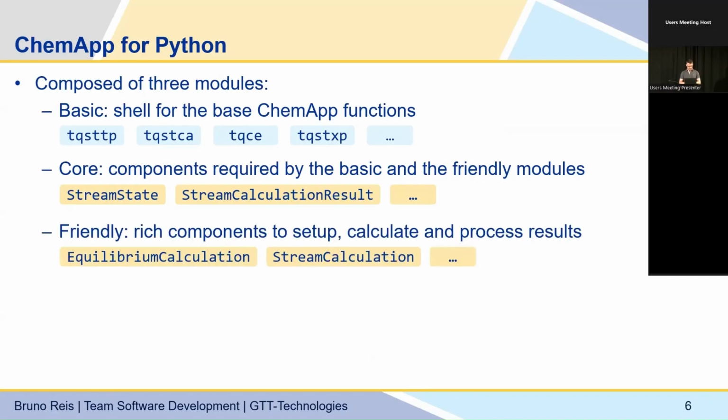And then we also have the friendly module where rich components are available to set up, calculate, and process results. The 2 most powerful and most important ones are the equilibrium calculation and the stream calculation classes.